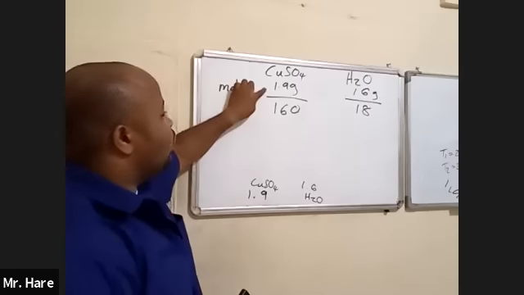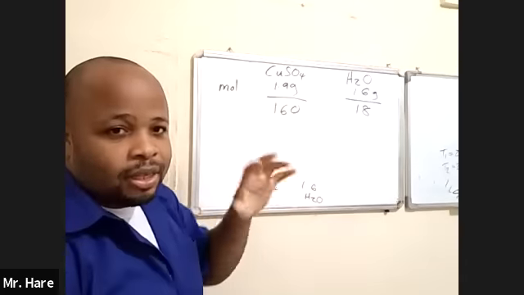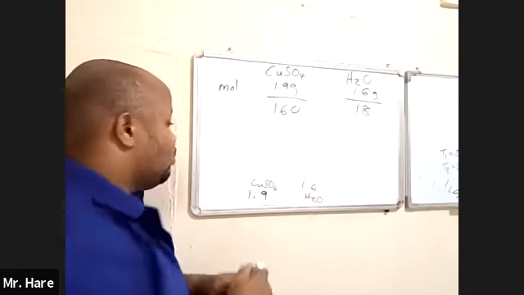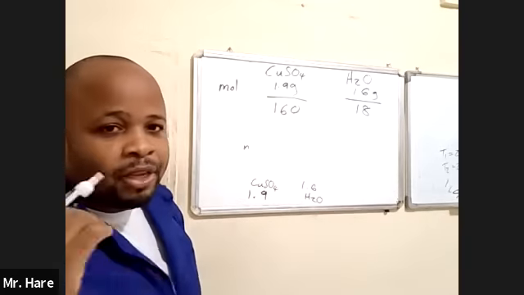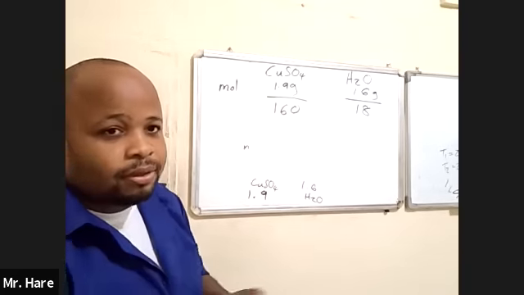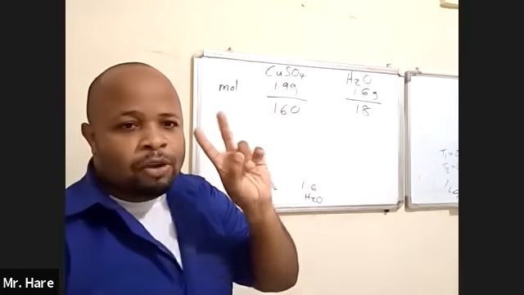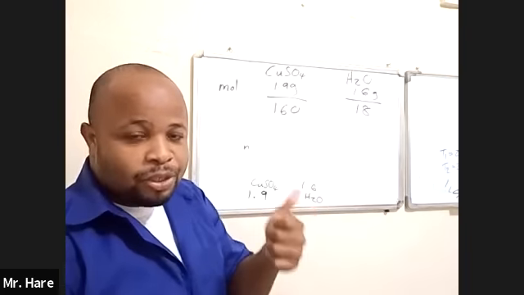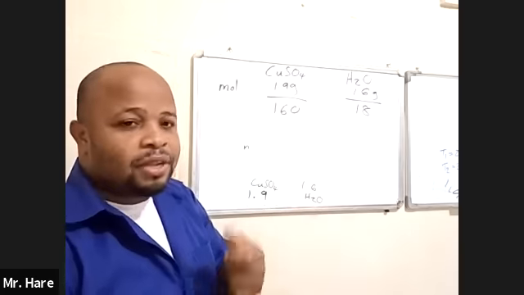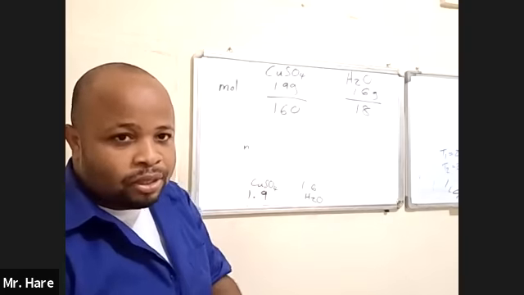Could you remind me how you got the 1.9 again? The 1.9, we subtracted the mass of the salt after heating minus the mass of the empty crucible. But remember, it's two forms of the salt. When it has water, which is the hydrated, and after heating, which is the anhydrous one.